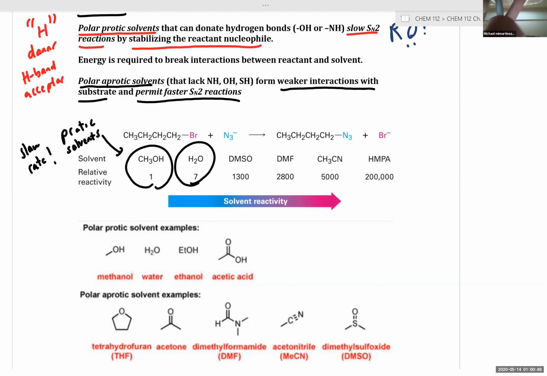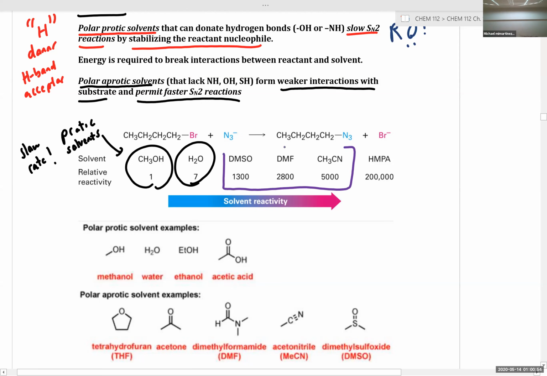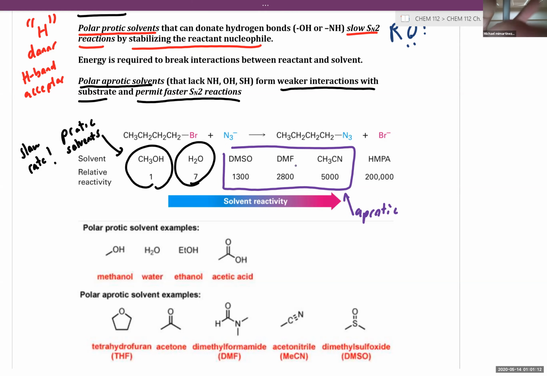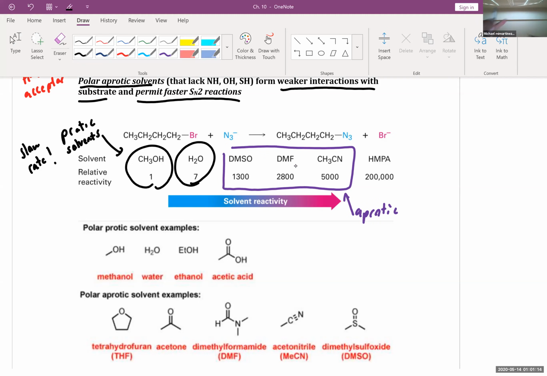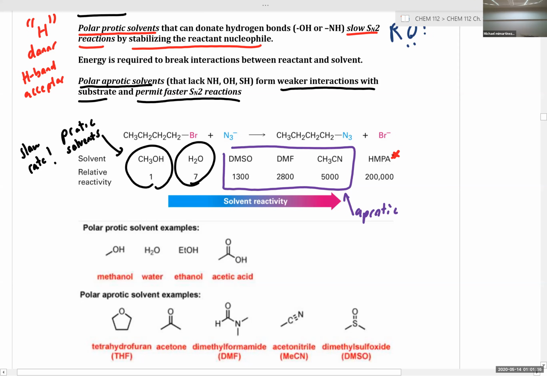As we move towards aprotic solvents, these are the big three aprotic solvents: dimethyl sulfoxide, dimethylformamide, and acetonitrile. These are all wonderful solvents for polar aprotic reactions. HMPA, I'm just going to put a star next to.